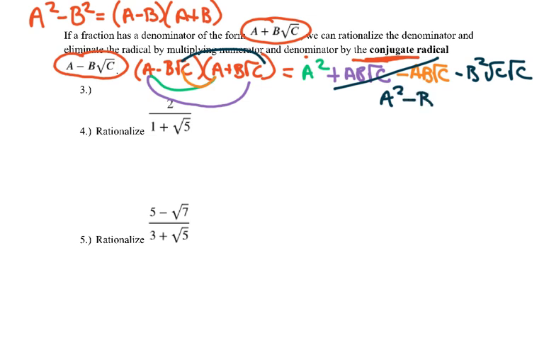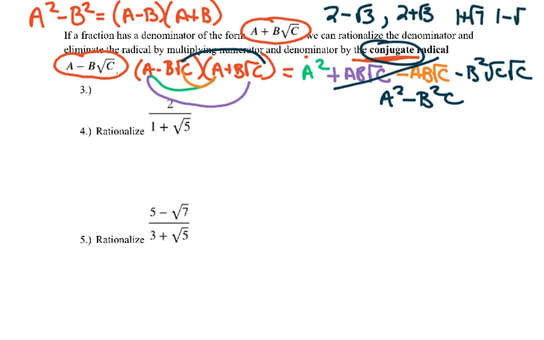And then if I simplify this, minus b squared and radical c times radical c is just c. So notice, no more radical sign. And again, a conjugate is just the opposite sign when it's involved with a radical. So if we have 2 minus radical 3, its conjugate is 2 plus radical 3. Or if we have 1 plus radical 7, its conjugate is 1 minus radical 7.